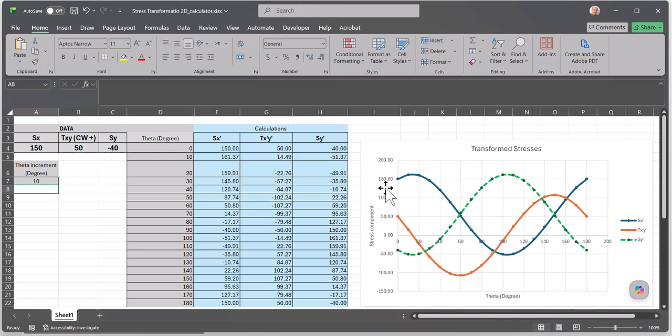For S prime, as you see here, as you rotate from 0, the stress will go up and then come down, get a minimum, and then repeat itself. The shear stress, the red line, is similar. It will go downward, get a minimum actually, and then a maximum.